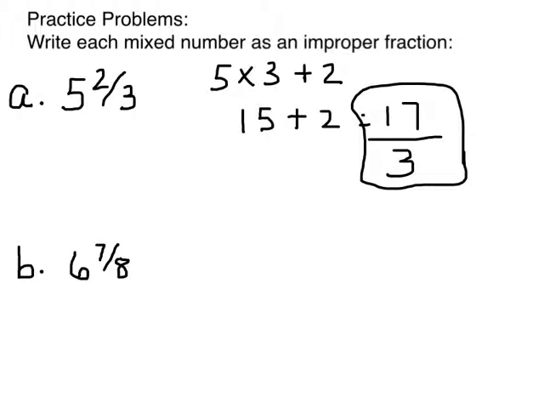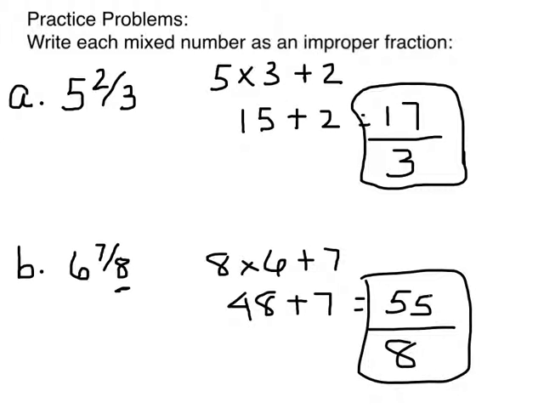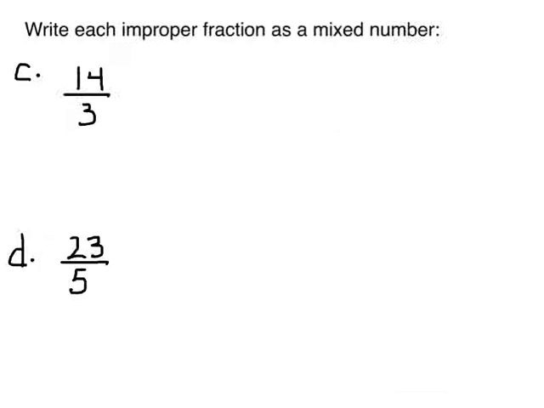In this one we would say 8 times 6 plus 7. 8 times 6 is 48. 48 plus 7 is 55, which is our new numerator. We keep the 8 as the denominator. 55/8 would be the answer to this one. Go to the next page.